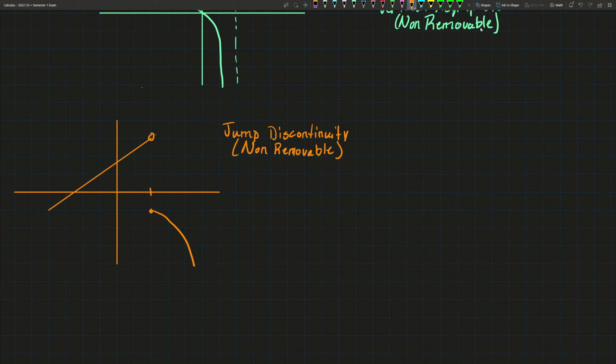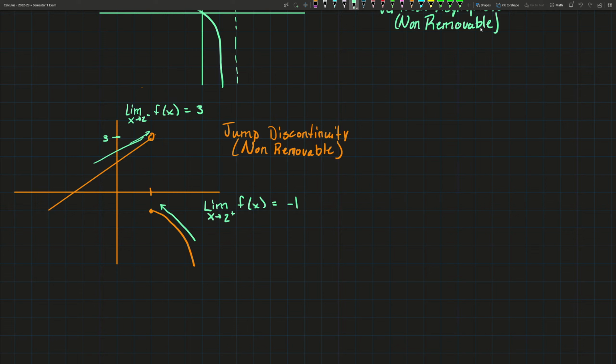Basically, the way you can figure out the difference between a removable and a non-removable discontinuity is whether the limits on the left and the limits on the right are the same. In this case, the limit on the left, let's say this is 3. That's the left-hand limit at x equals 2. On the right, this right-handed limit is equal to like -1.